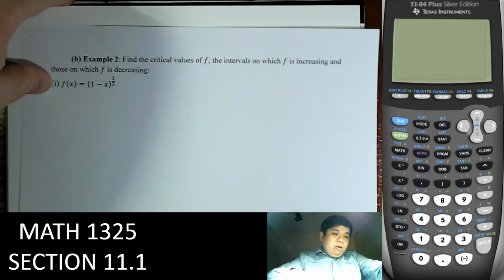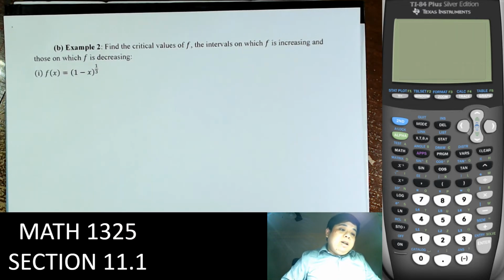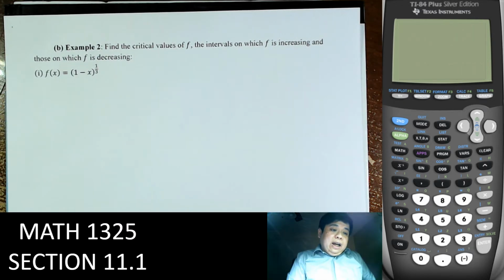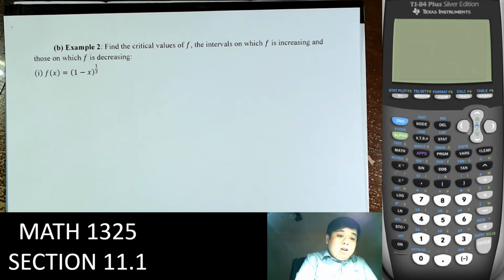We have more examples here. Find the critical values of the function, the interval where the function is increasing, and where the function is decreasing. So first, of course, find the derivative, and after that, find the critical values, and then the sign chart.